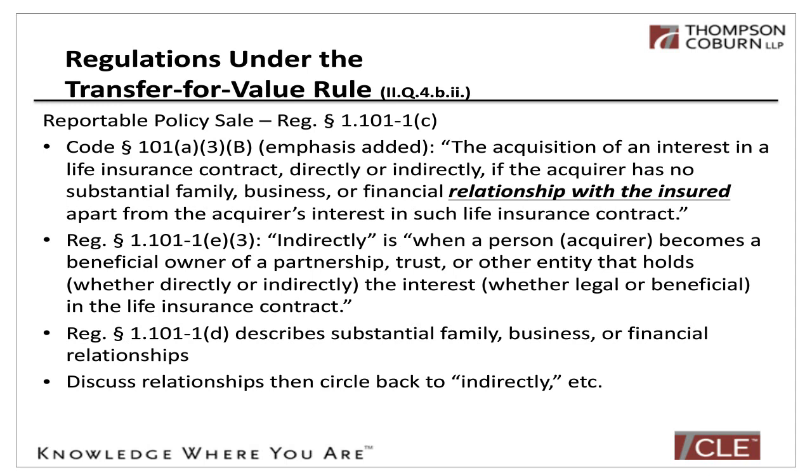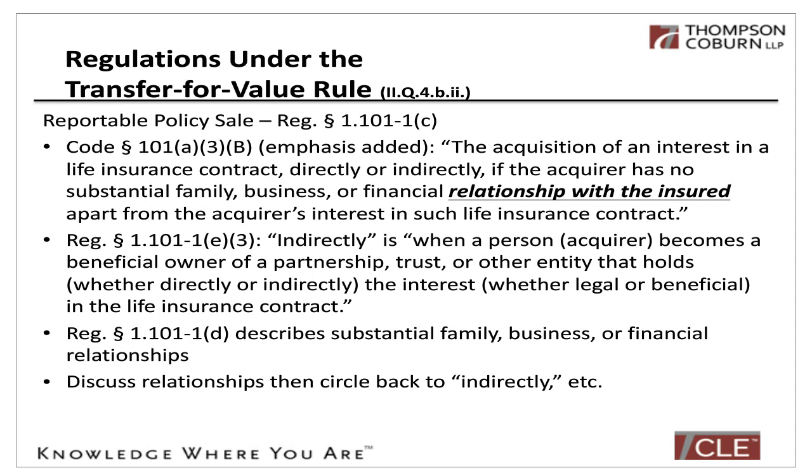Now, this indirectly means if you become a beneficial owner of a partnership, trust, or other entity, then you may have an indirect acquisition, so it's a reportable policy sale.